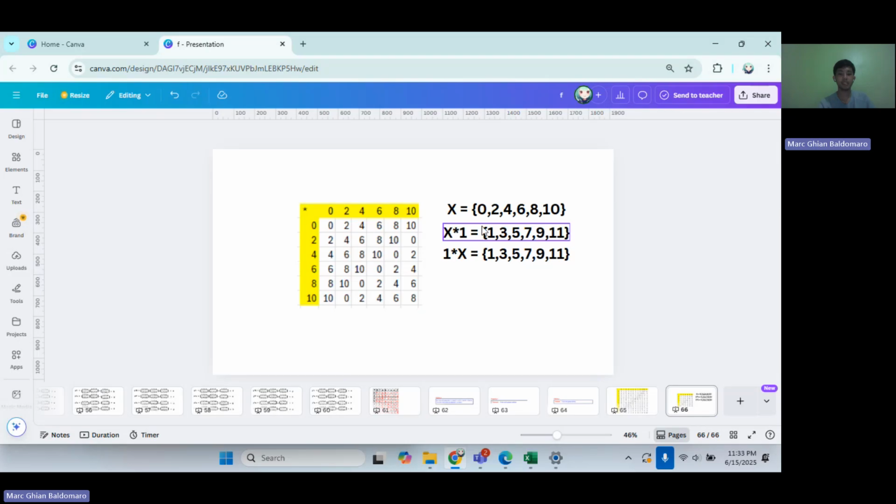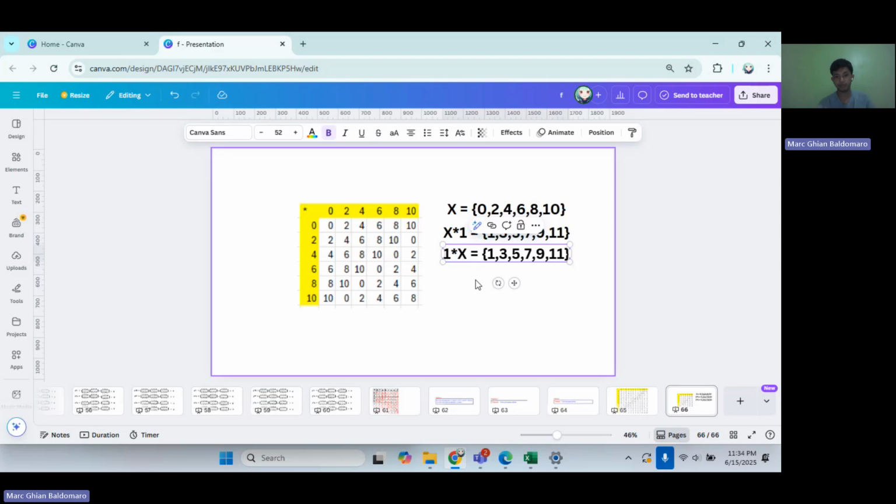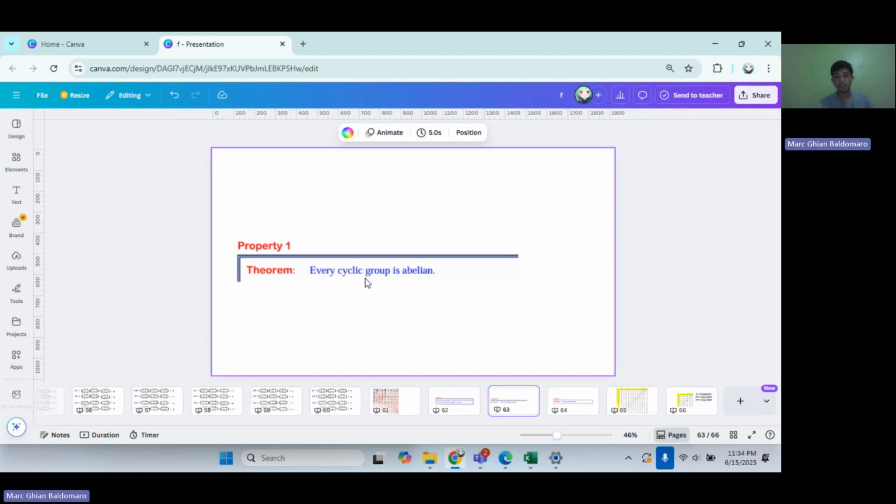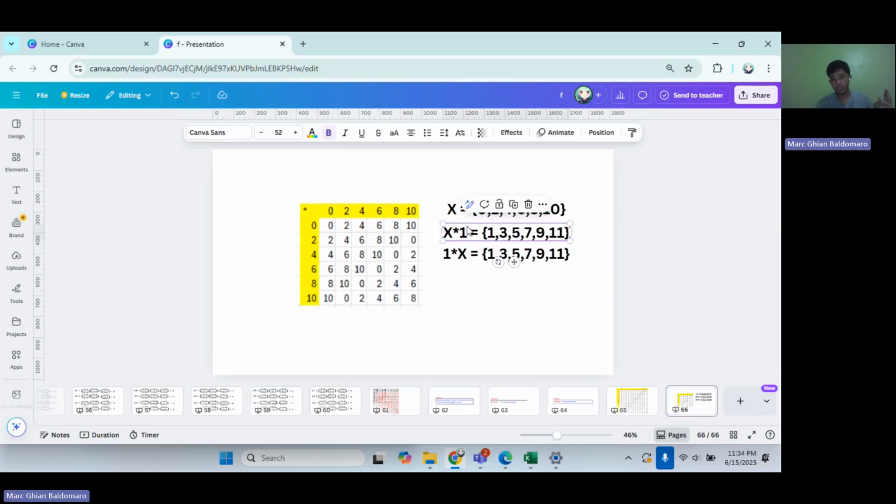Now, as you can see, this is the right coset, because here we are operating the element on the right, and here we are operating the element on the left. So this is a left coset. So why am I saying that? Because every cyclic group is abelian. It means that when you operate from the left or from the right, it will be the same.